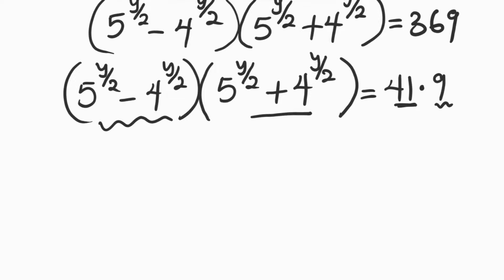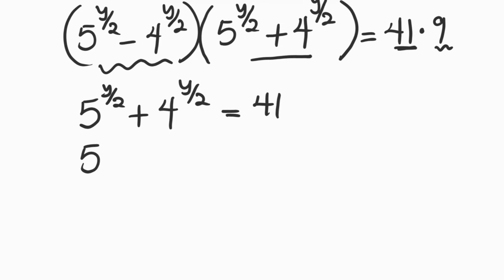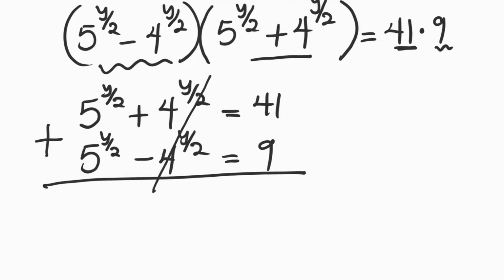So now we have 5 raised to the power y over 2 plus 4 raised to the power y over 2 is equal to 41, and 5 raised to the power y over 2 minus 4 raised to the power y over 2 is equal to 9. Now, if we add these up, the 4 terms cancel out.